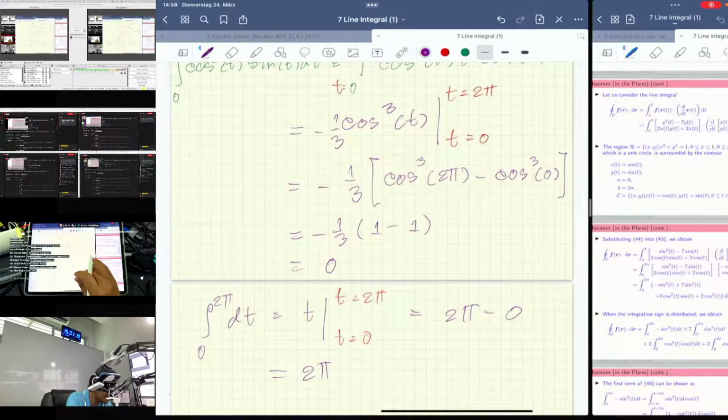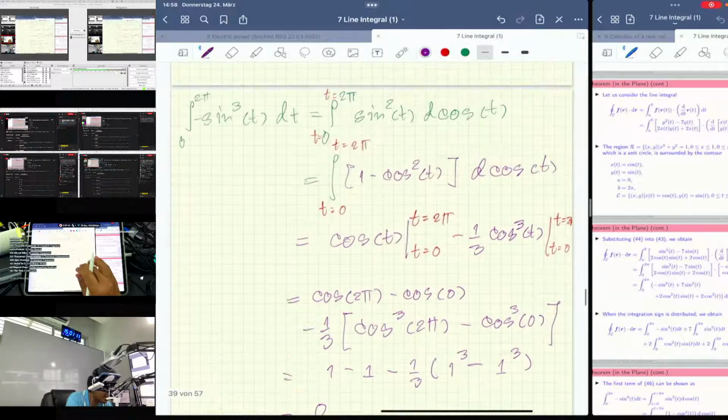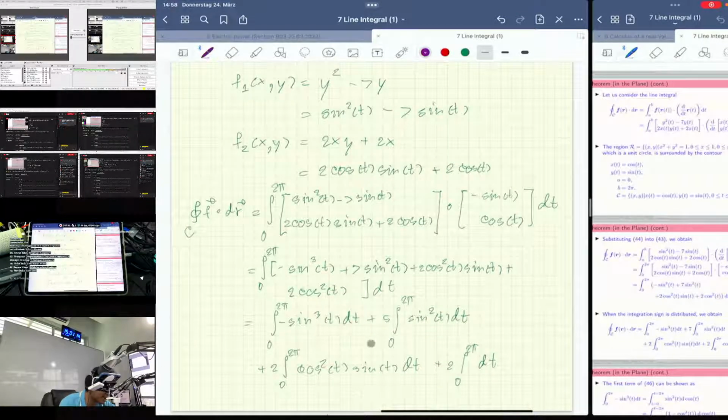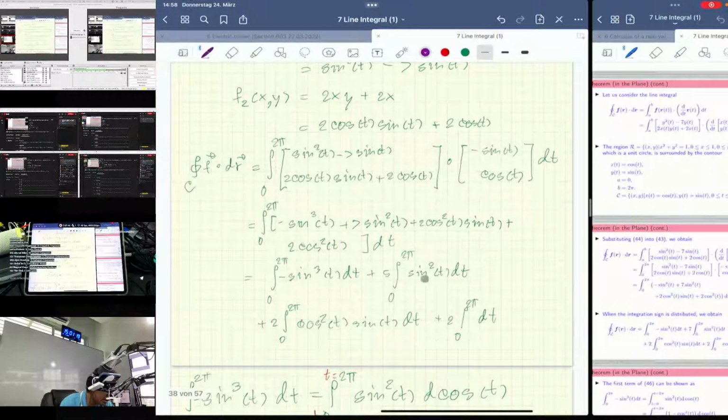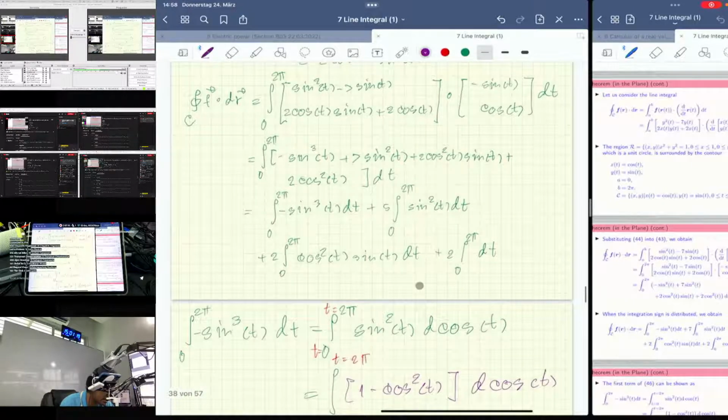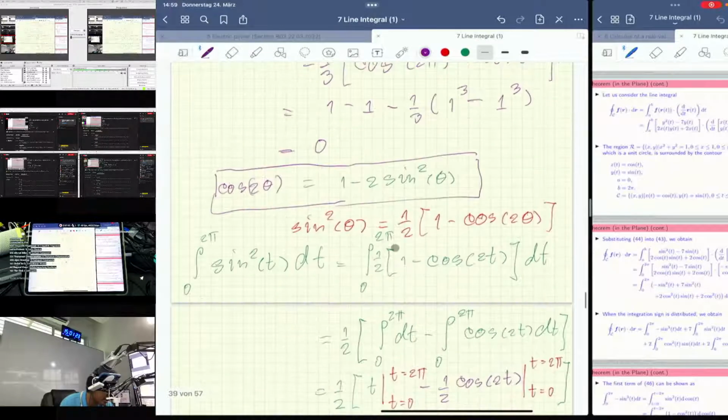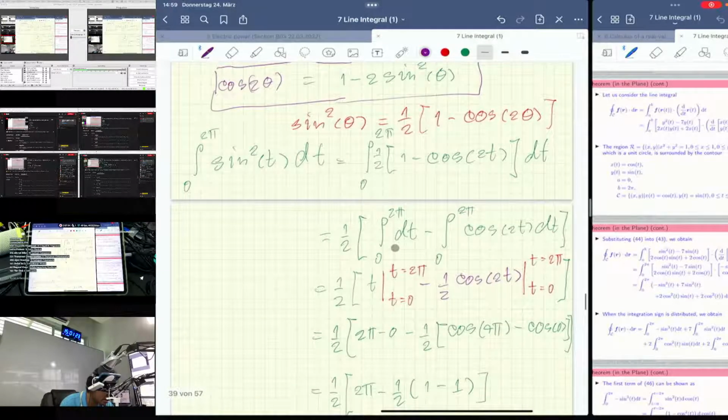Once you substitute everything into this expression, you're gonna see that this is 0, this is 0, and here is, what's that? Sine square. It's pi, right?